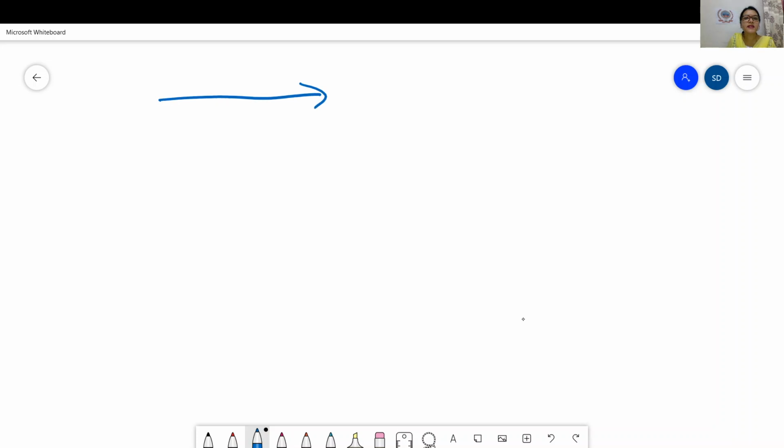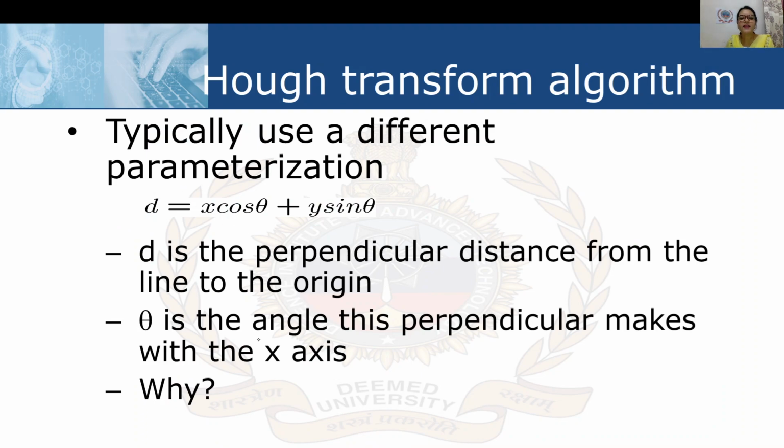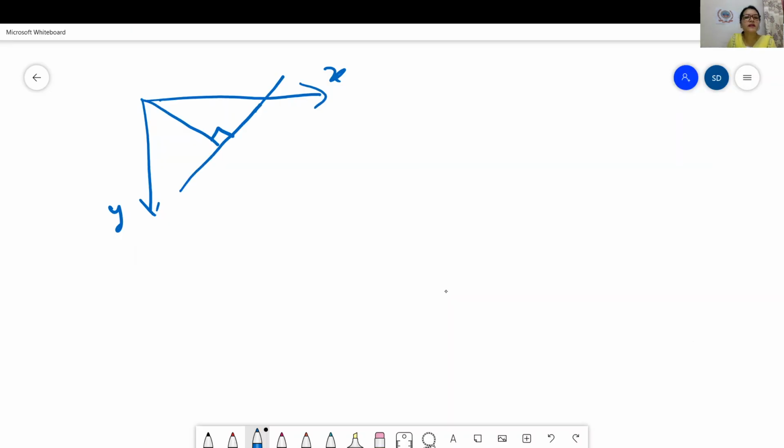So let us say this is my x-axis. Fine. So this is my y-axis. And now let us say this is my line, on which I am having some perpendicular. And theta is the angle that this perpendicular makes with the x-axis. So this is my perpendicular. It makes some, let us say, theta.